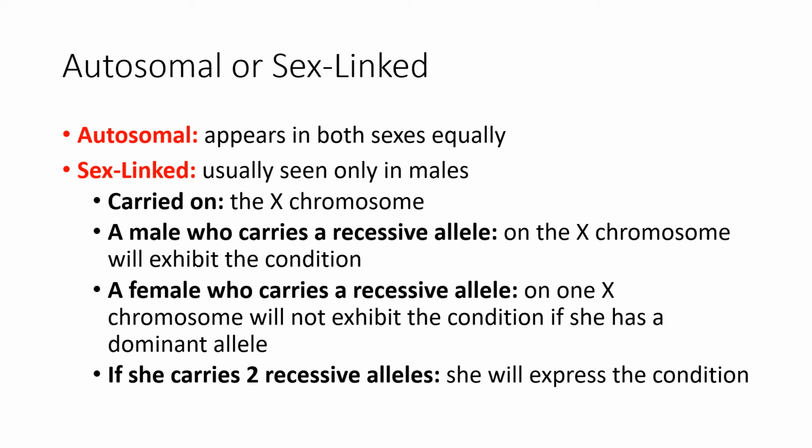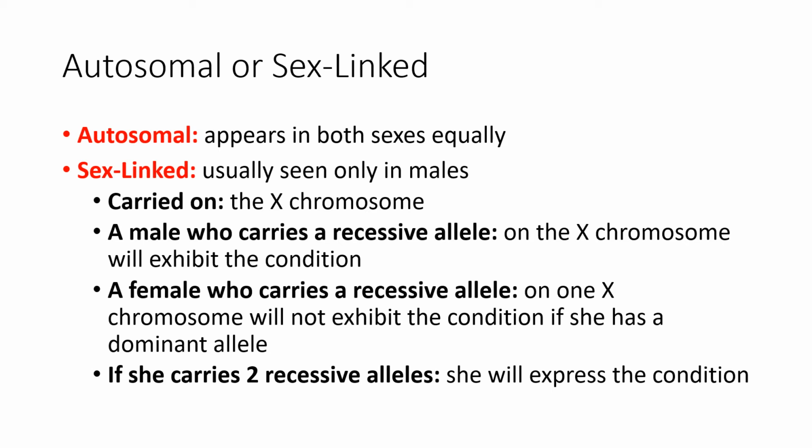So if a genetic disorder is considered autosomal, that term means it appears in both sexes equally. If something is sex-linked, it usually is only seen in males. Sex-linked disorders are carried on the X chromosome, so a male who carries the recessive allele on the X chromosome will probably exhibit the condition.